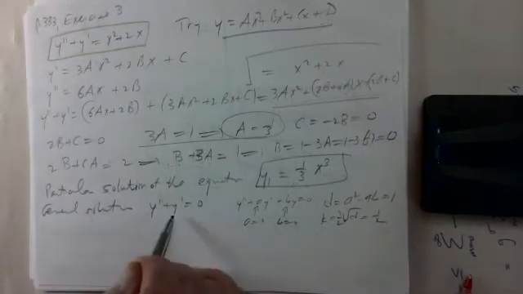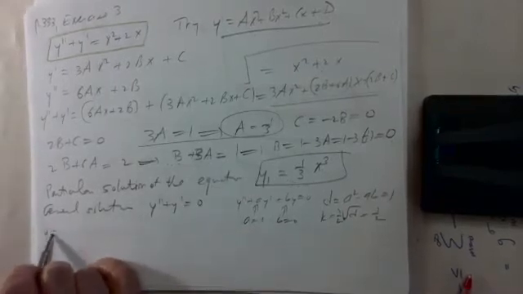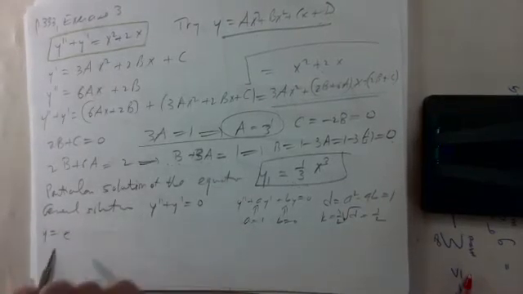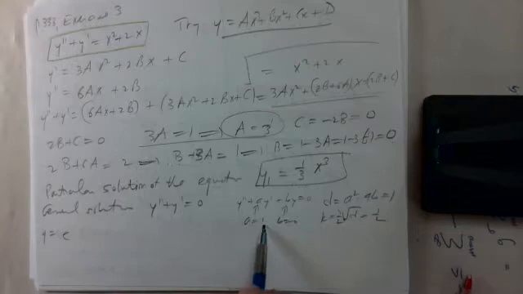So we get for the general solution of the homogeneous equation, y is equal to e to the minus a over 2 x. A is 1.